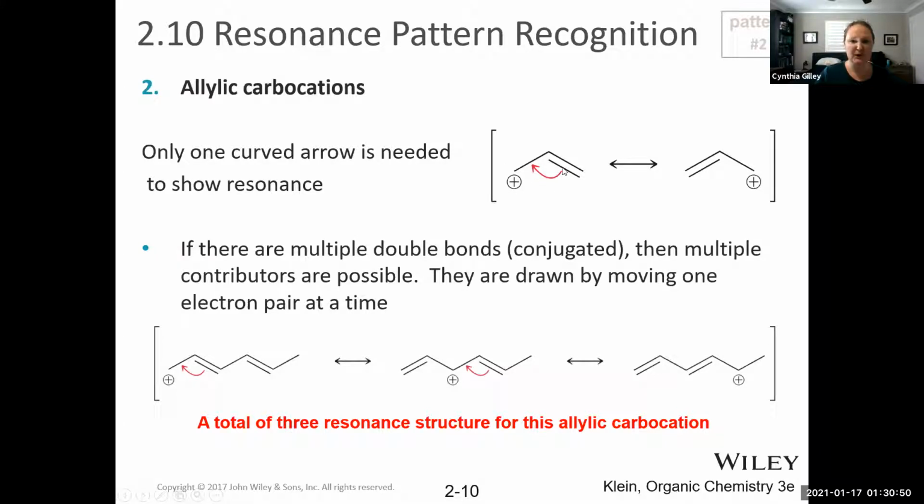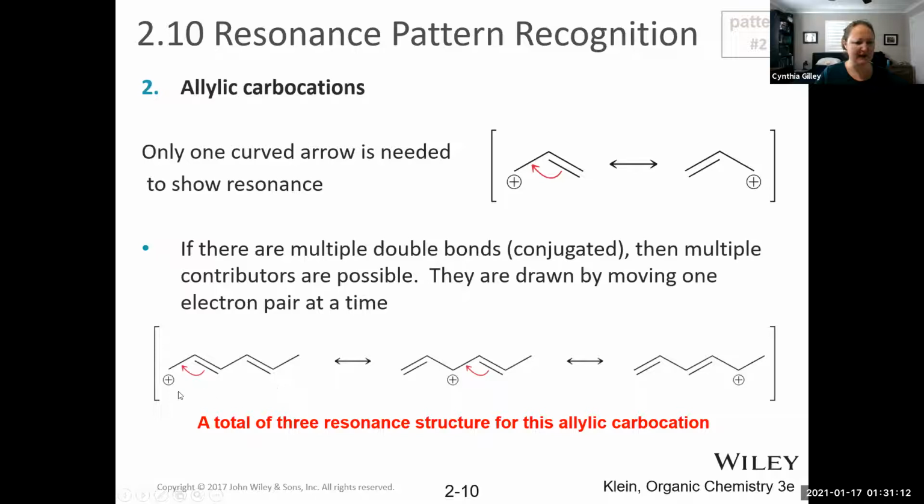So this arrow is showing the movement of these pi electrons, or the double bonded electrons, to shift over to between these two carbons, which then leaves the terminal carbon on the right with a positive charge and electron deficient. And we can keep going.